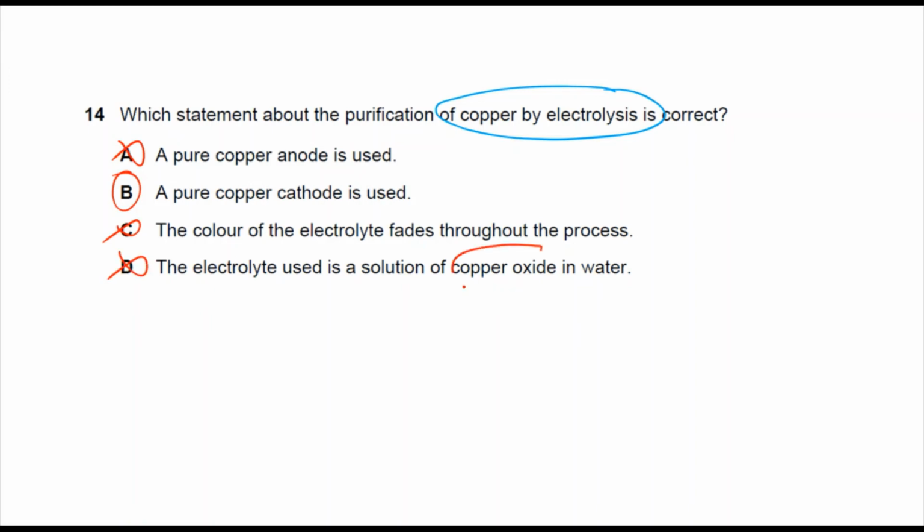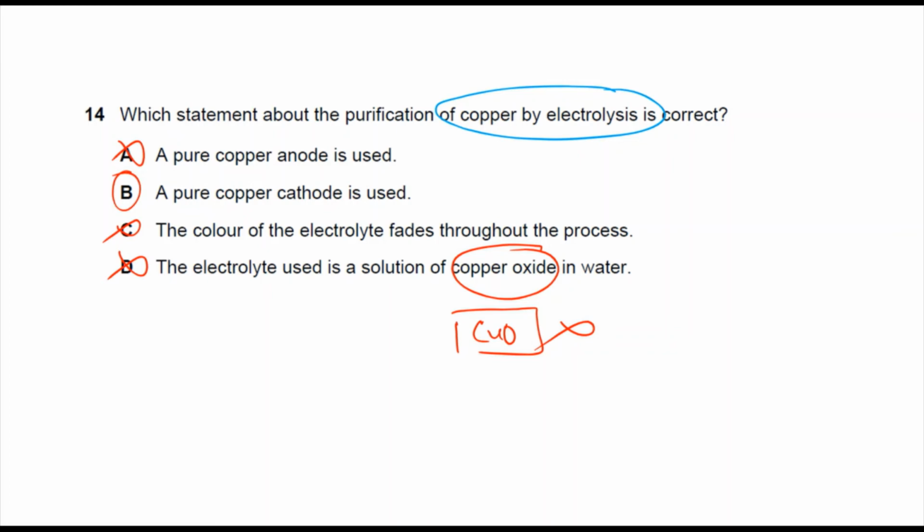Why? Copper oxide is not soluble in water. ठीक है. And I said you need an aqueous solution of a soluble salt of that metal. Oxide सिर्फ metal group 1 की soluble होती हैं और group 2 की थोड़ी बहुत soluble होती हैं. ठीक है. तो ये copper oxide यहाँ पे उसमें नहीं आता. This I know because of the solubility table. ठीक है. तो आंसर वो B हो जाता है.